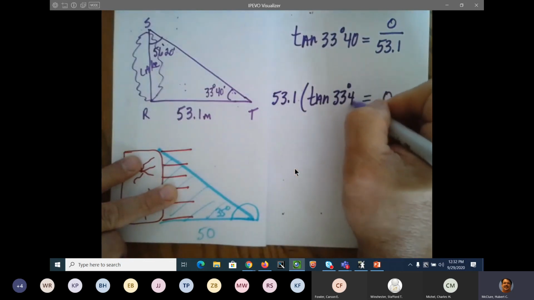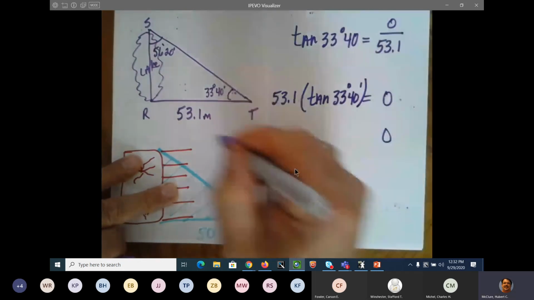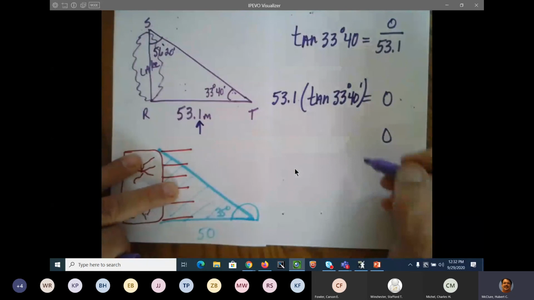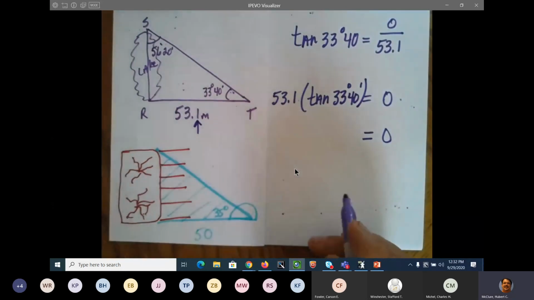I need somebody to type that in for me. And since it's to the 10th, let's go with the 10th, please. What is 53.1 times the tan of 33.40? What is that?